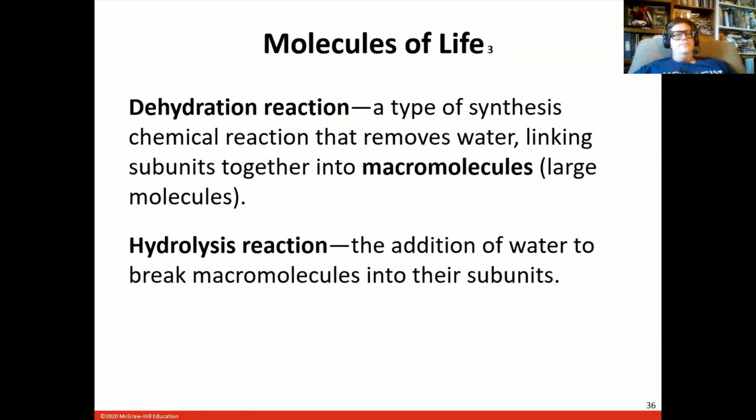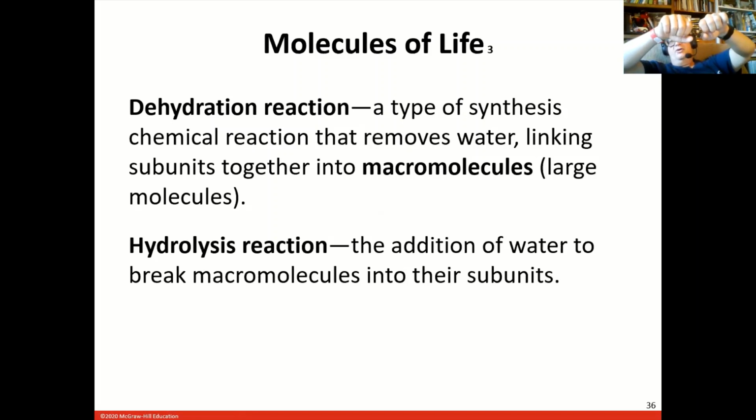Hydrolysis is adding water to a molecule to break it into subunits. Say we have 2 things that are hooked together. If we shove a water in between them, we can put a hydrogen on this one, an OH on that one.